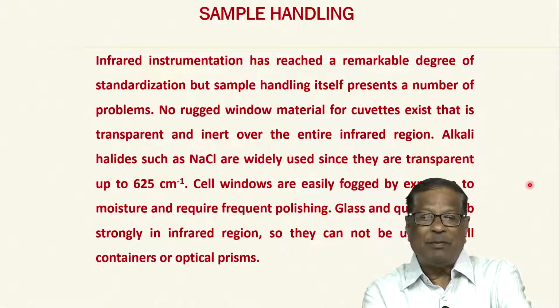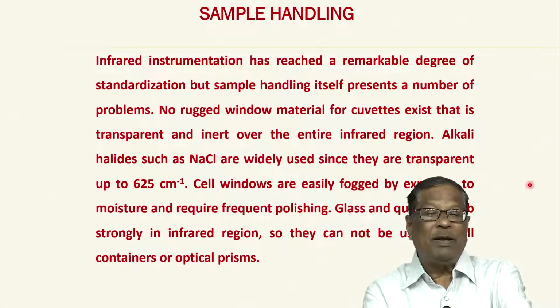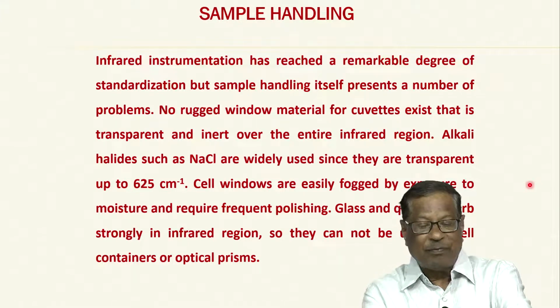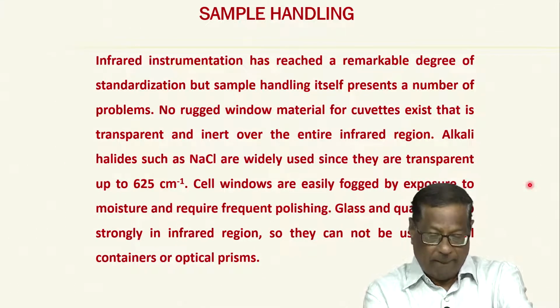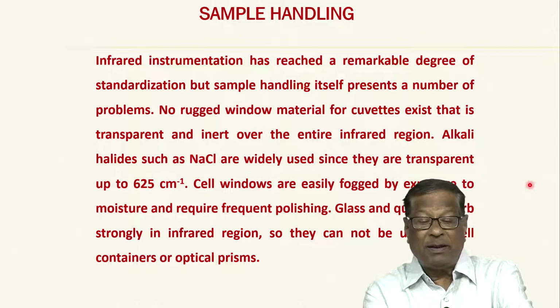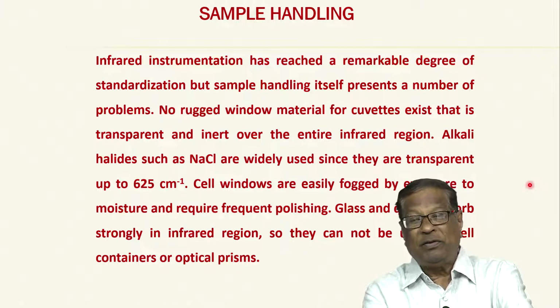So that itself is a big problem, because depending upon the region of the infrared spectrum where you want to take the spectrum, I have to choose the cell material. That is one problem. And the second problem is there is no universal cuvette. So we have to choose cuvettes for different areas of infrared.